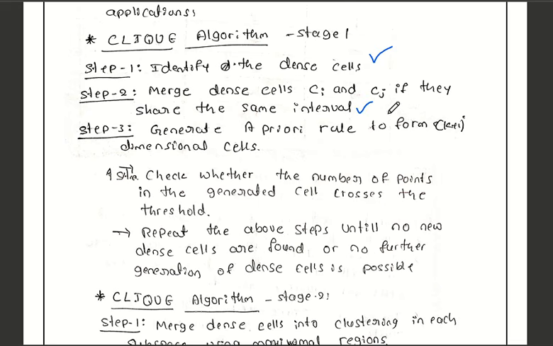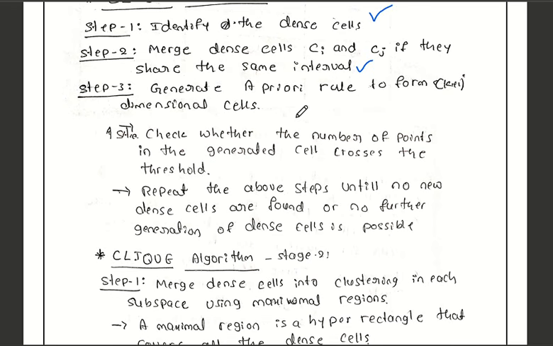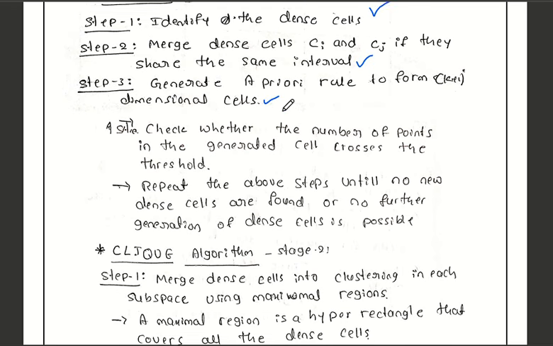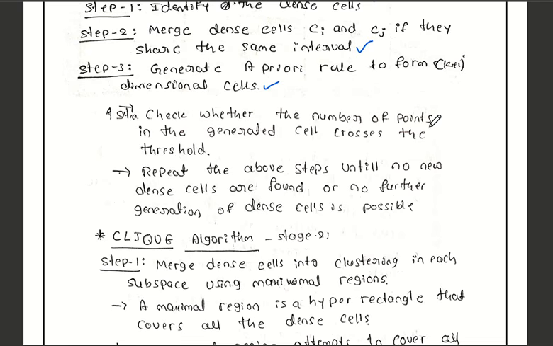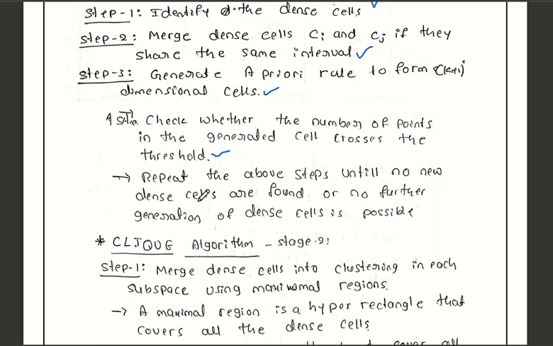In the third step, generate a priori rule to form k plus 1 dimensional cells. Here check whether the number of points in the generated cells crosses the threshold or not. Then repeat the above steps until no new dense cells are found or no further generation of dense cells is possible.